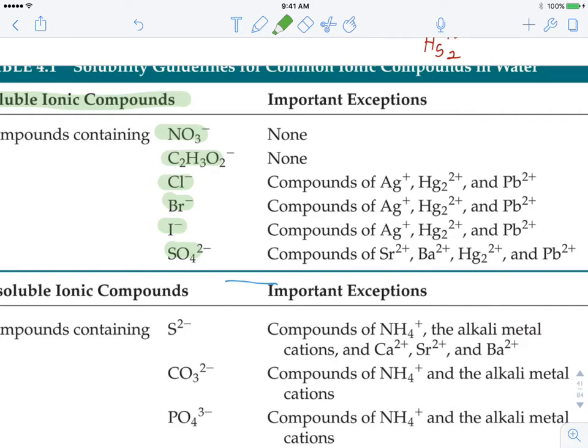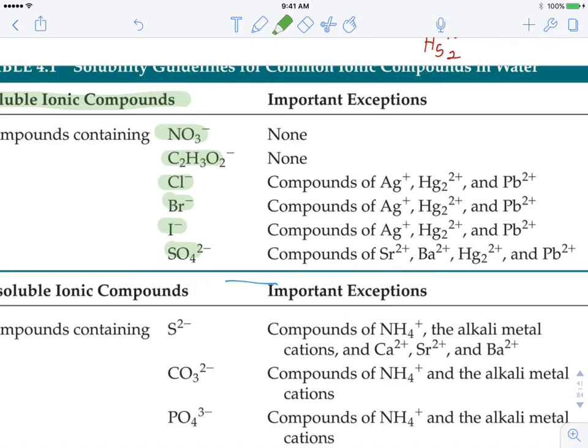The issue is that sometimes you can combine some of these with other ions, the positive cations, and it will cause them to be insoluble. That's the case for the halides, where you had silver, mercury(I), and lead(II). When you combine those with chloride, bromide, or iodide, you get a substance that is a precipitate. It is insoluble.